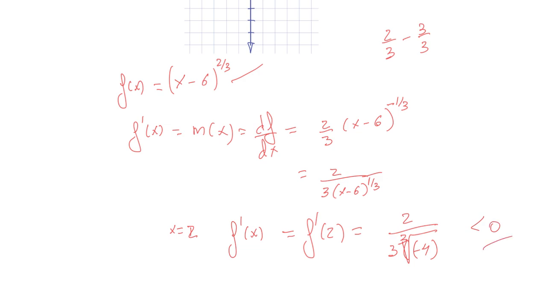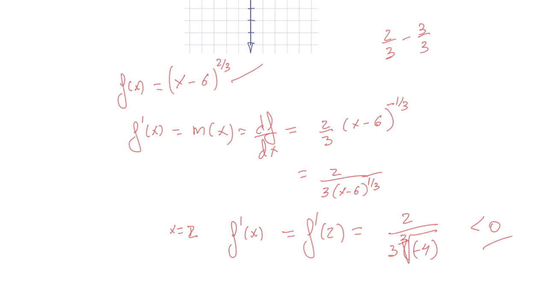So is this function differentiable or not differentiable? As you see, it is differentiable everywhere except where? At what point is it not differentiable? If I plug in x equals 6 here, it will be 2 divided by 0, and the derivative will not exist. It will be an infinite derivative.